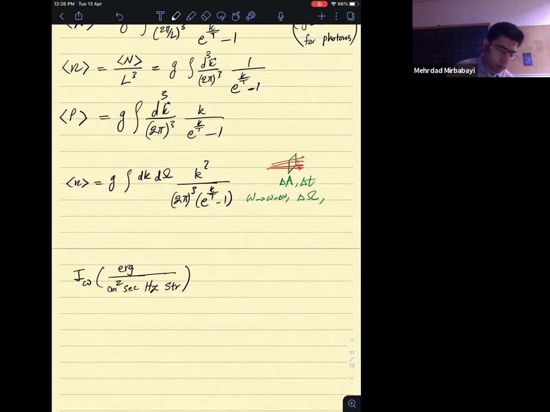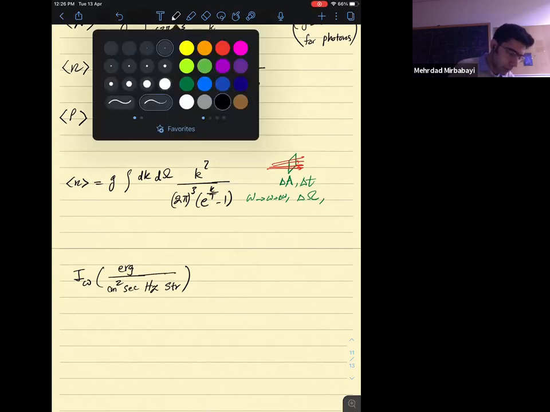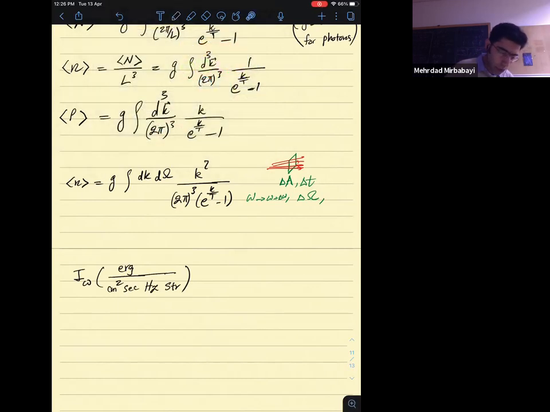So since photons travel at the speed of light, this delta t corresponds to delta x, right? We are talking about photons that move perpendicular to this surface. So in some time delta t, we would be looking at some distance delta x equal to delta t.